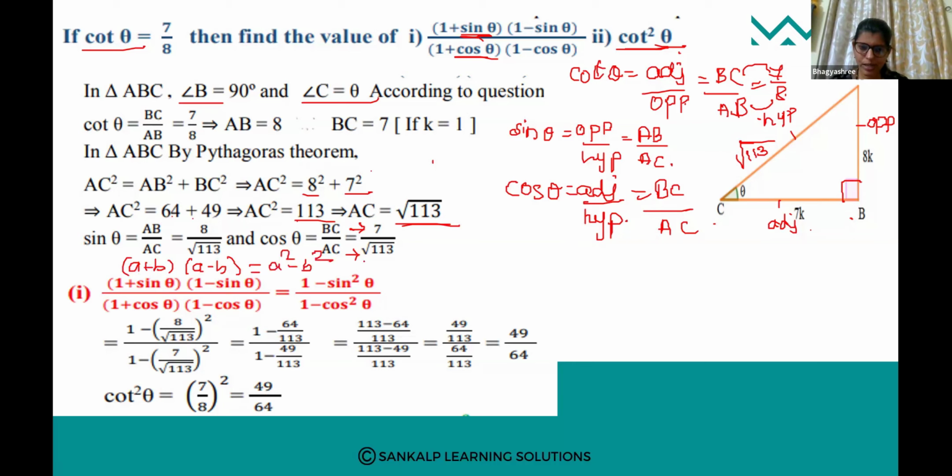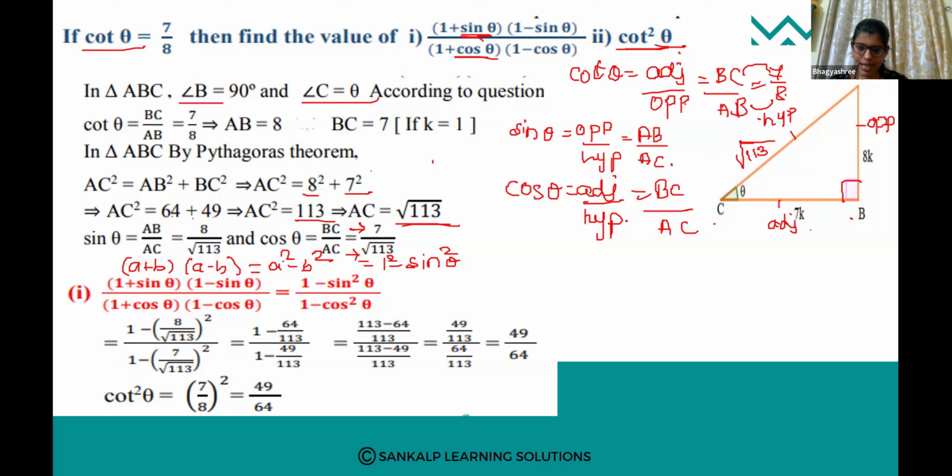A is 1, so 1 square minus b square. B is sin theta, so b square is sin square theta. Here also a plus b into a minus b, that is 1 minus cos square theta.